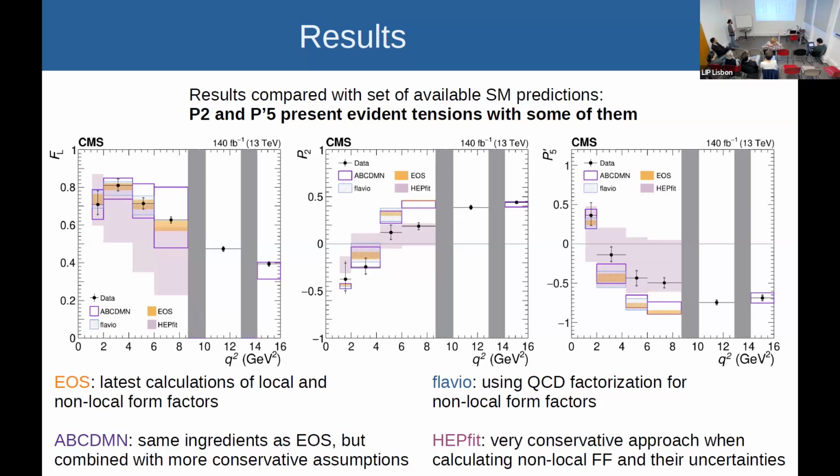Then we have the Flavio predictions, which use for the non-local factor a QCD factorization approach, a bit outdated, but it's still interesting to see the comparison with the other predictions.